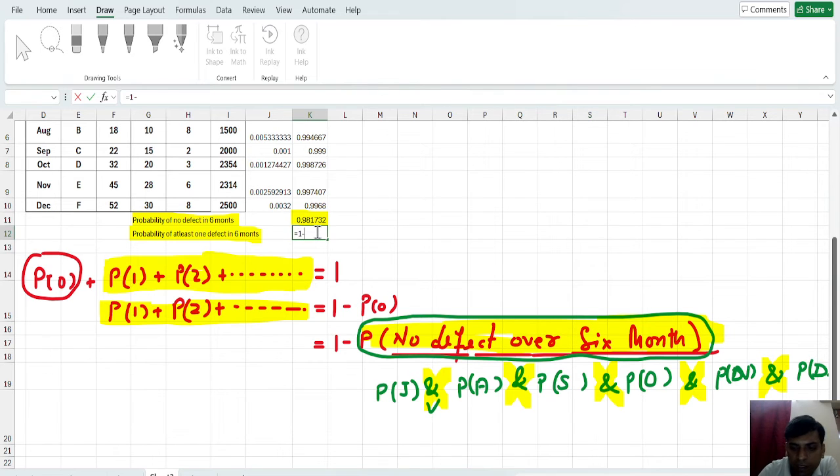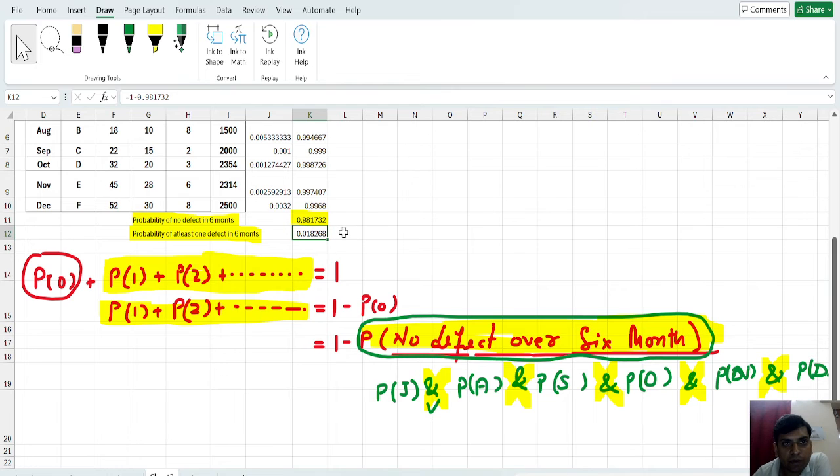So this probability is 0.981732, or you can click in this block also. So this is the probability of at least one defect in last 6 months. So this is the answer for the second part.